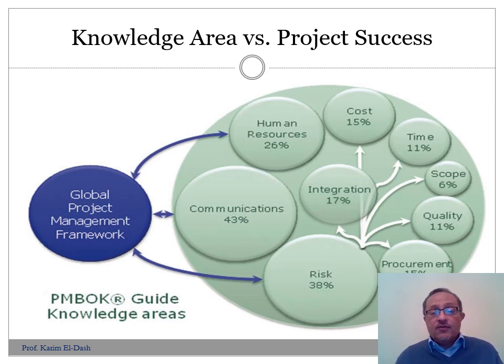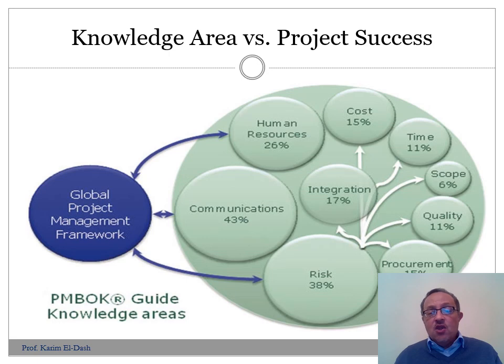Number two, after communication, we can find risk. 38% of the people participating in this questionnaire assume that risk is one of the prime parameters affecting the success and the failure of the project.